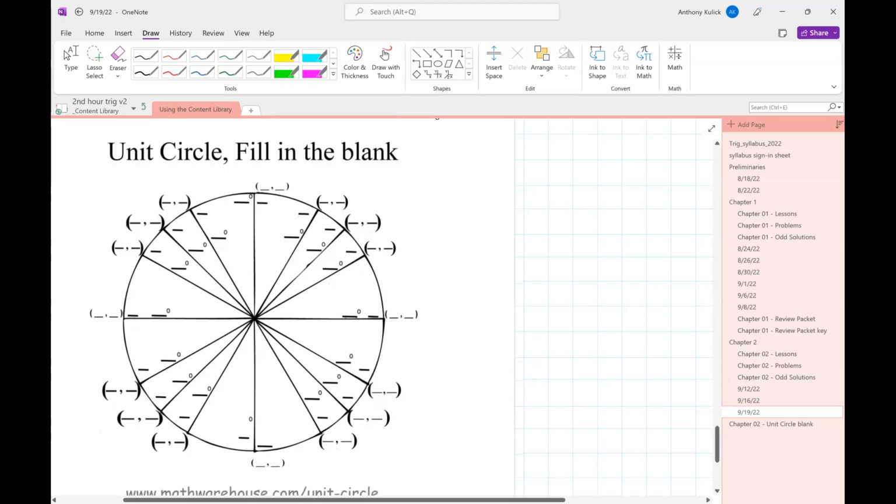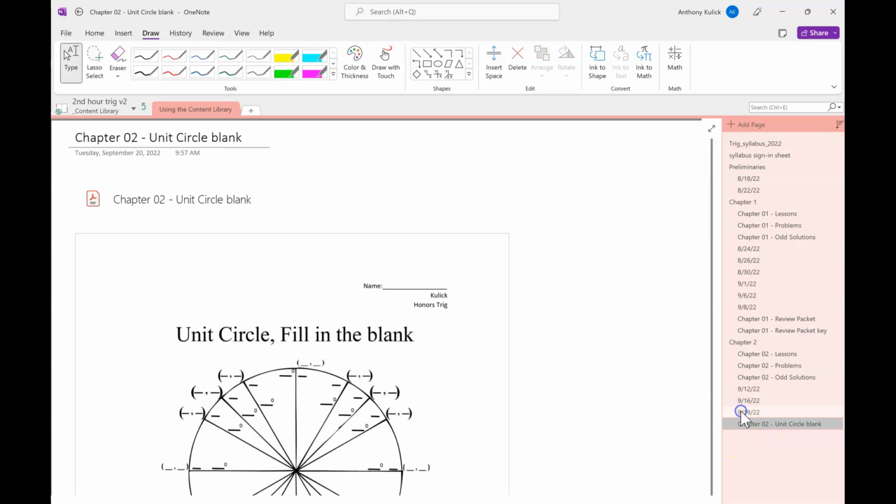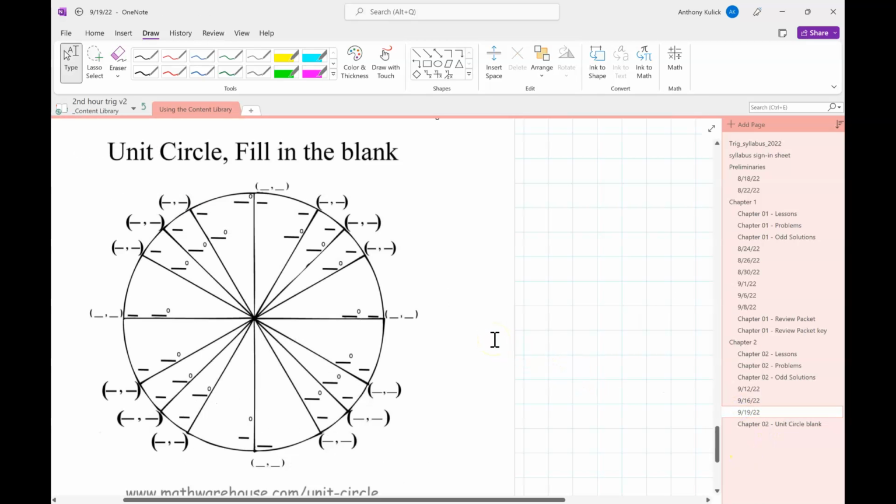We're going to fill this out here together, and then I'll give you a typed version as well, which will be easier to work with. I'll dump that into OneNote when we're finished, okay? Okay. So let's start with the easiest ones.